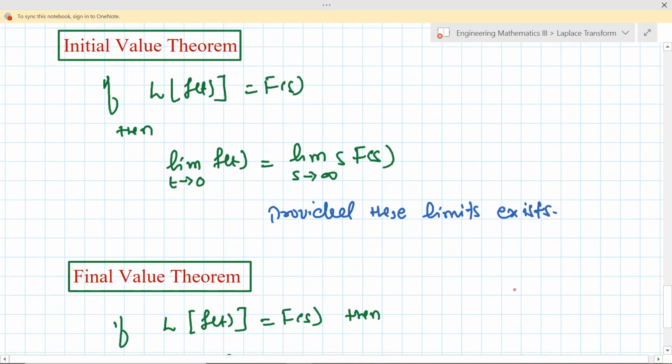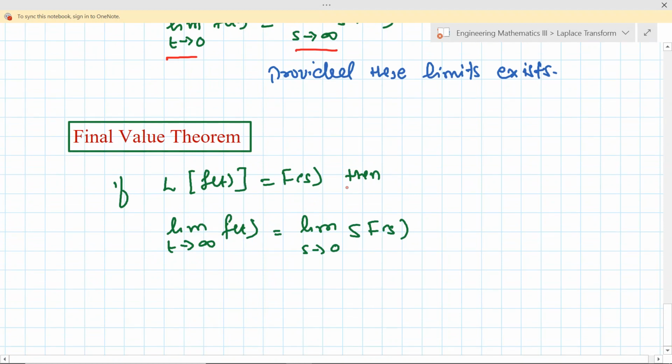Okay, and the last two theorems, initial value theorem and final value theorem, are quite simple. So suppose we have Laplace of f of t is equal to F of s, then limit of f of t as t tends to 0 is equal to limit of s into F of s as s tends to infinity. Initial value theorem means initially t tends to 0 and then s tends to infinity. The only change in the second theorem, it is the final value theorem.